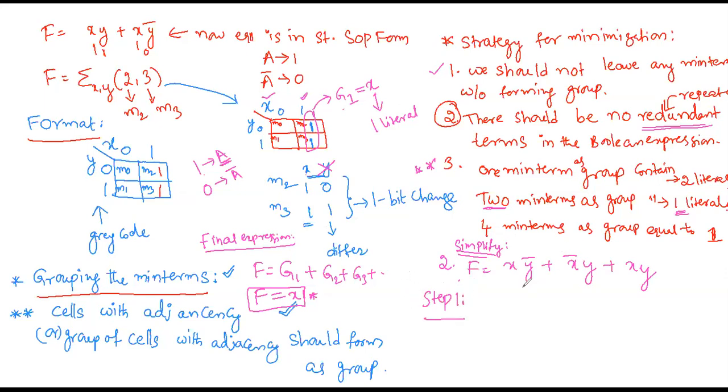Now check whether it is in standard SOP or not. Each group contains two literals, xy, xy. So each group contains two literals, so it is in standard SOP form.